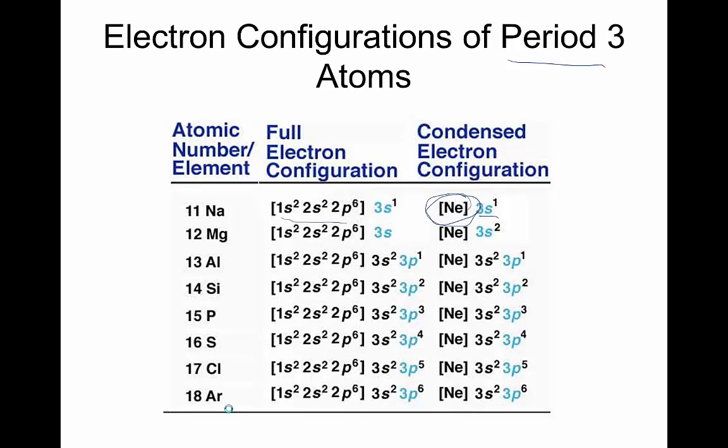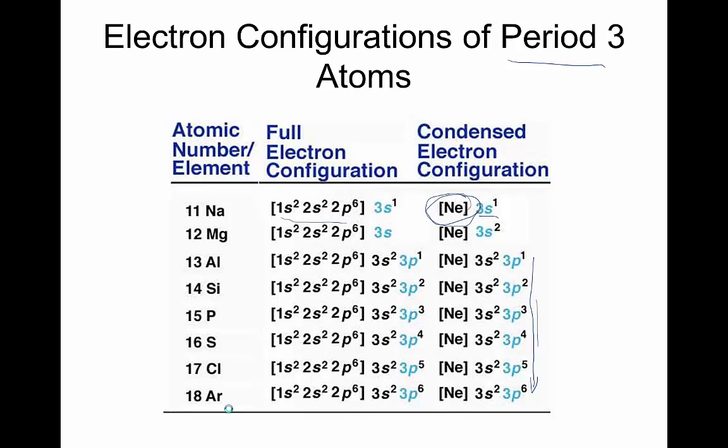So magnesium would be neon 3s2, aluminum would be neon 3s2, 3p1, and so on until we fill up all 6 electrons in our p orbitals. Remember, p orbitals can hold a maximum, all total, for all 3 of them, of 6 electrons. Good, so those are the electron configurations.